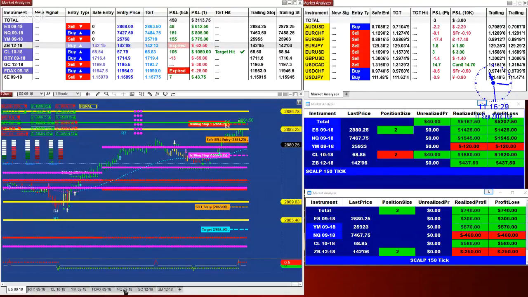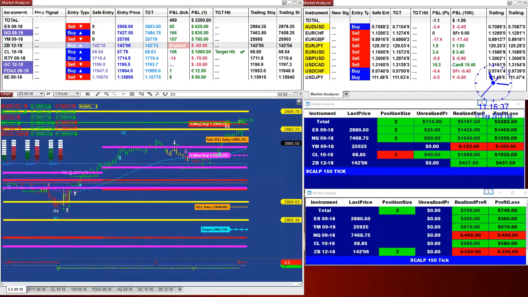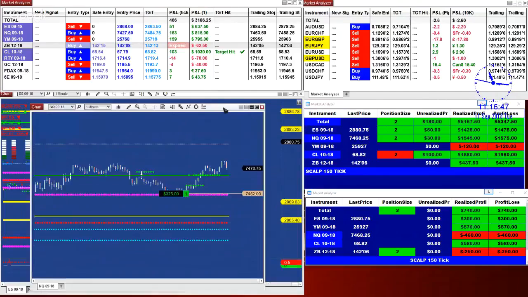Look, those ones here at the bottom, NT8 is not letting me change them. You see that? I cannot change the chart. So I'm gonna leave this Nasdaq trade.